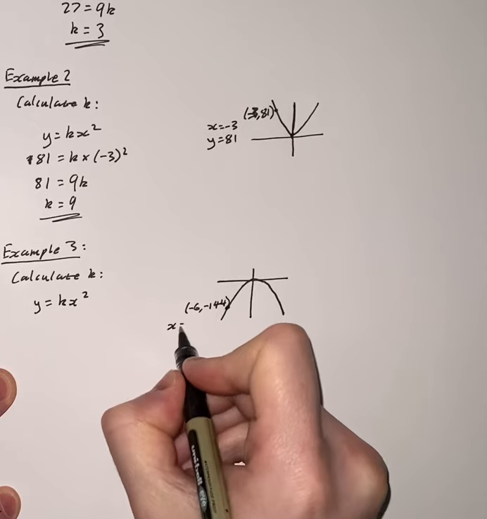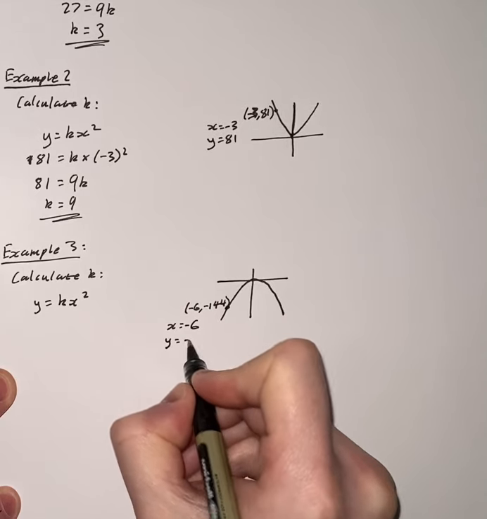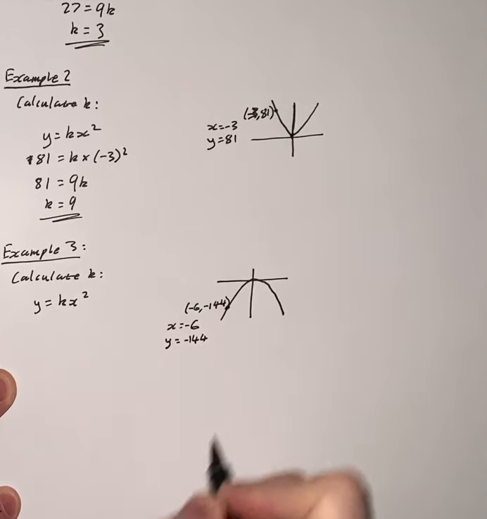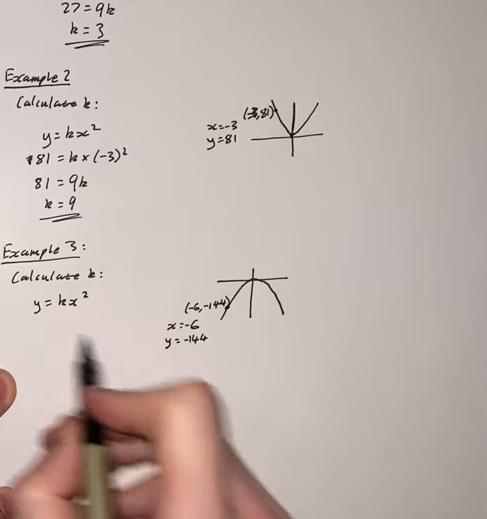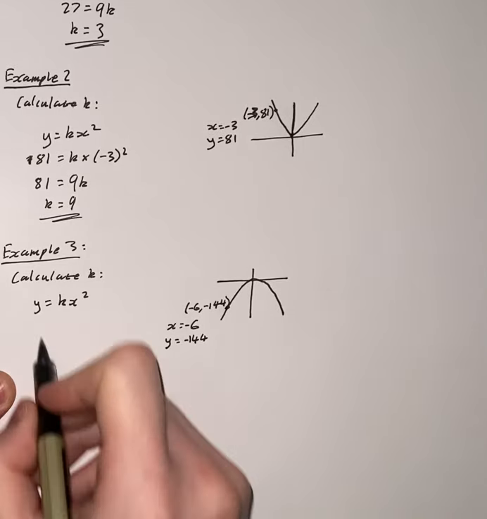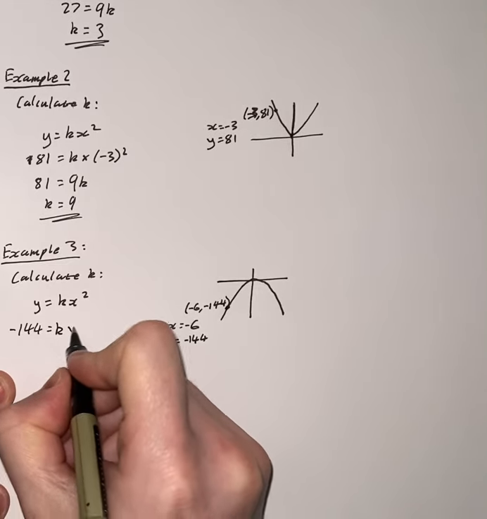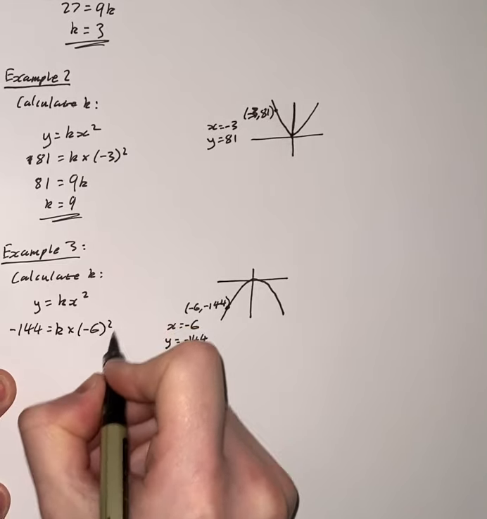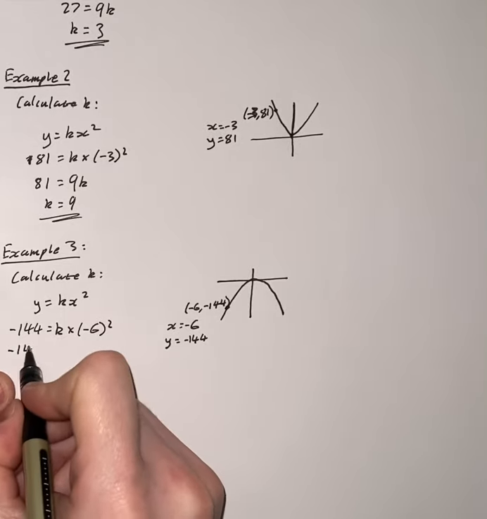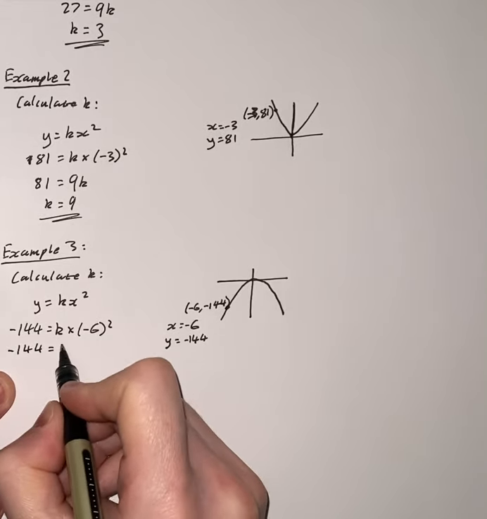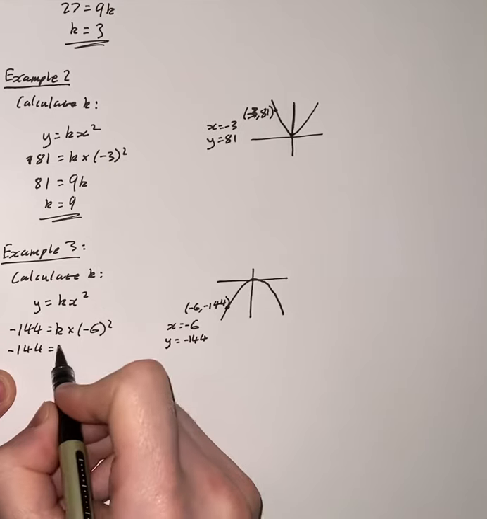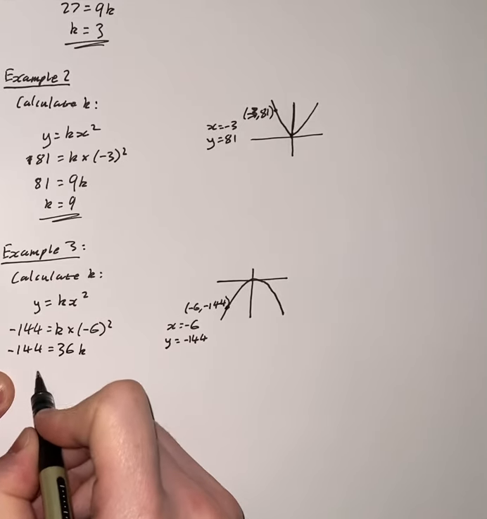Okay, so again, worth just getting down which way around x and y are. X is the first number, y is the second, and that just makes it a little bit easier to then substitute in. So -144 equals k times -6 squared. Obviously, negative squared goes positive, 6 squared is 36.